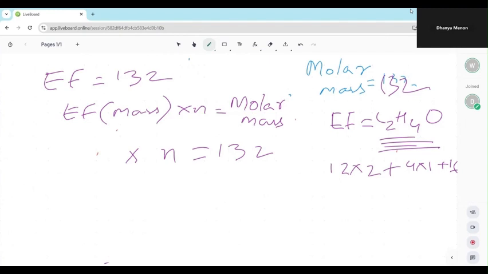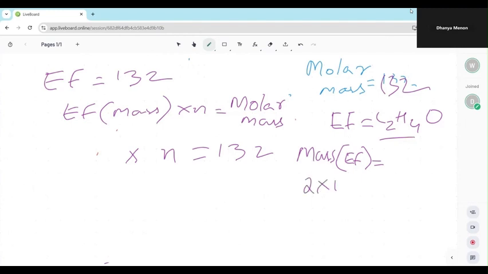So you are finding the mass of the empirical formula, which is equal to, writing it here, how many carbon atoms are there? 2 times, what is the mass? 12 plus 4 times 1 plus 16.